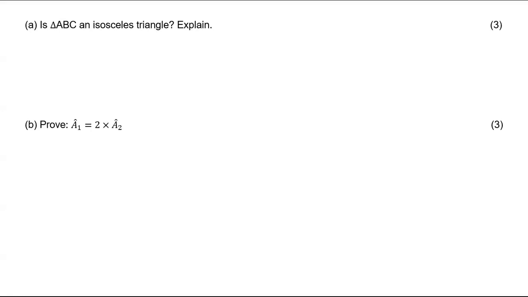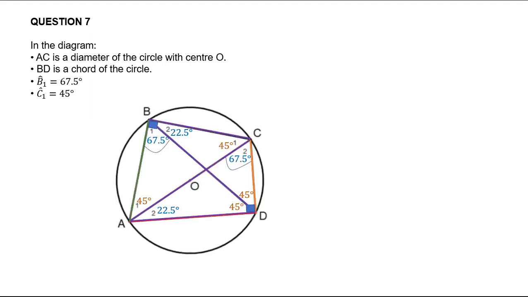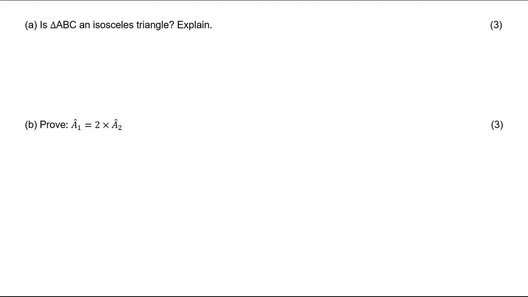They want us to prove that triangle ABC is an isosceles triangle. Triangle ABC is that triangle that has two purple sides and one green side. It is an isosceles triangle because you'll notice that A1 is equal to C1. So what I did was, I said B1 plus B2 is equal to 90, and C1 is equal to 45.